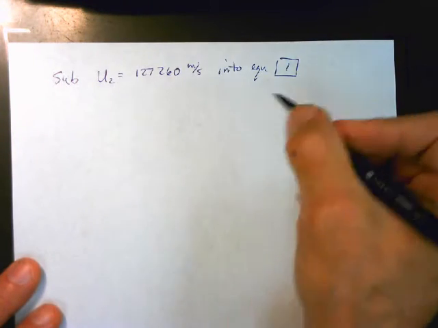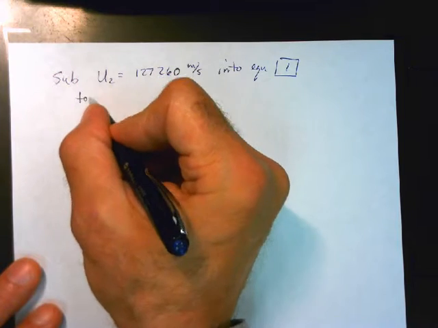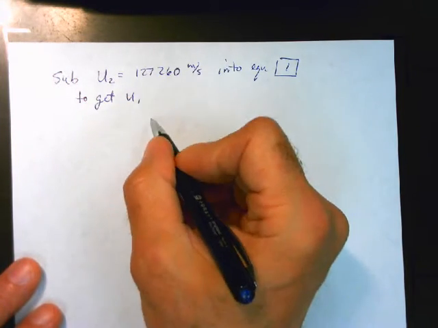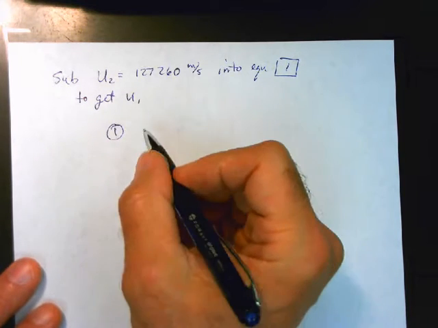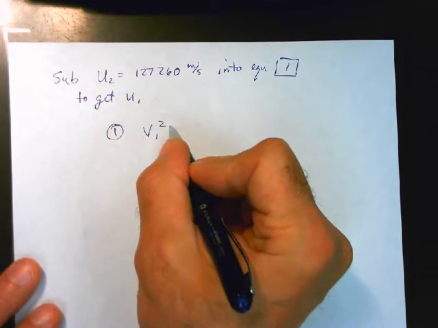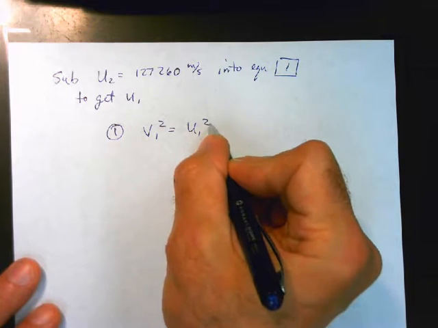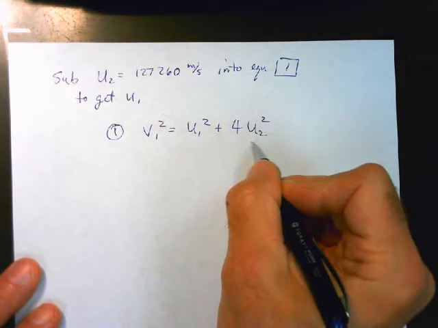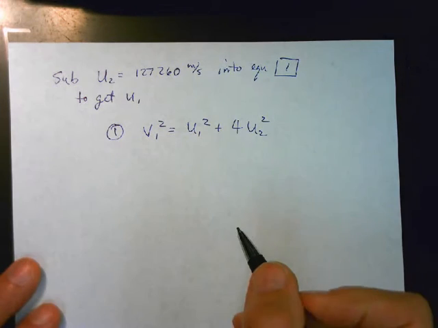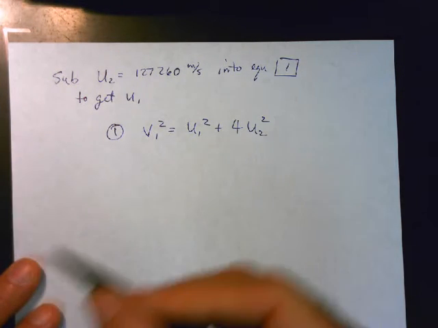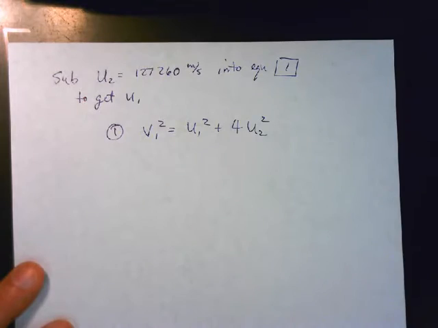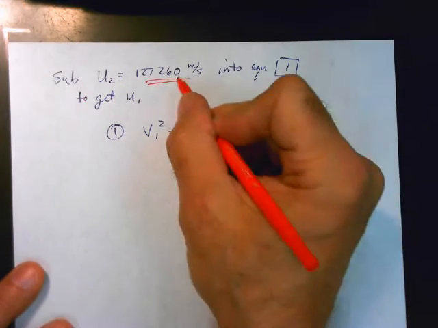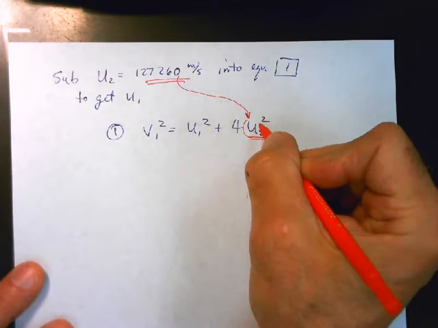And that will allow us to get U1. Okay, so let's look at equation 1 again. That was V1 squared equals U1 squared plus 4 times U2 squared. And it's only the U2 that's squared, not the 4. Okay, so let's go ahead and sub our value that we just got in for U2 right there.